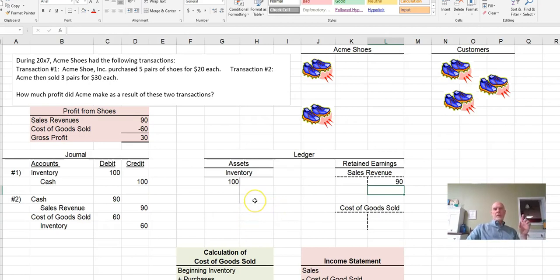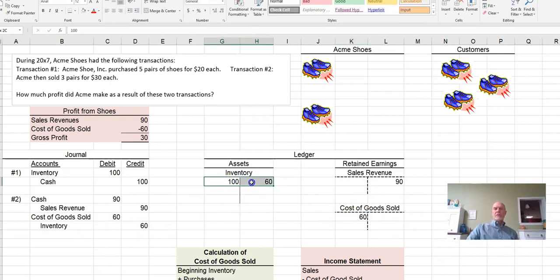In addition to recording the sale, you also need to record the cost of that sale. In other words, you need to record the fact that you no longer have these 3 pair of shoes. So when they go out the door, you're going to take the cost of those 3 pair, $60, out of inventory, and the debit goes to cost of goods sold.